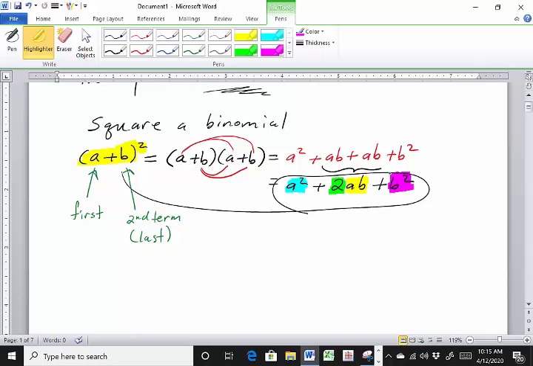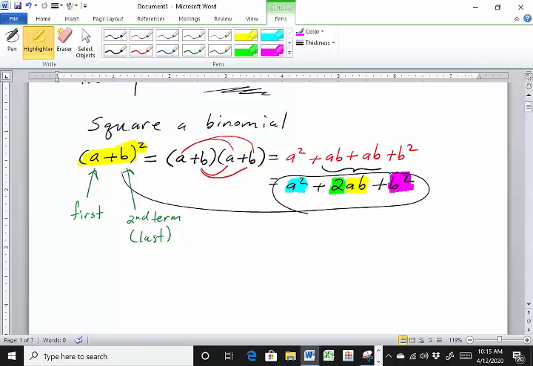So the pattern, all right, listen to what I'm saying. When you have a binomial squared, so a plus b squared or a minus b squared, it works the same. You're going to square the first term. You're going to multiply the first and second terms together, or the two inside terms together. You can say that, inside meaning inside the brackets.